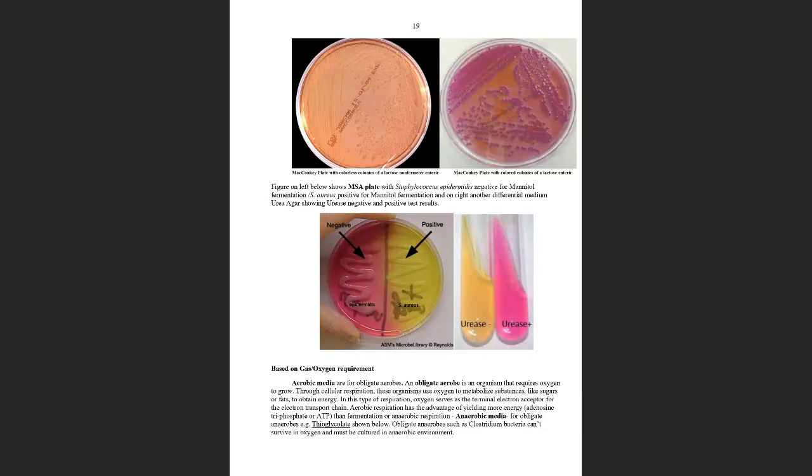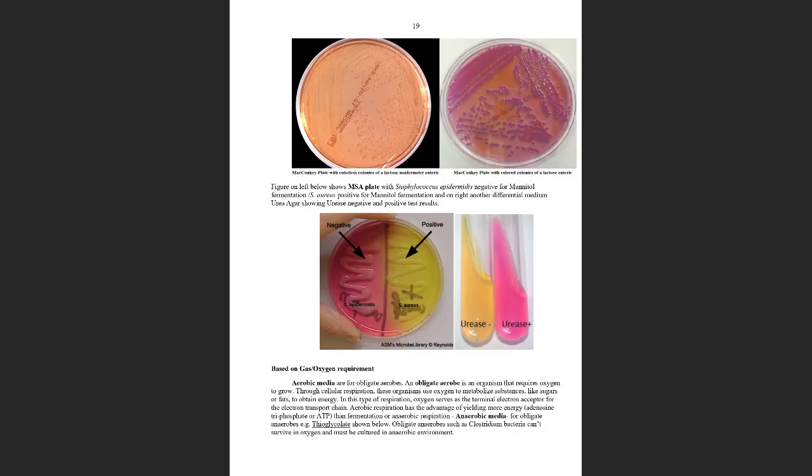Write down this word, facultative anaerobe. Most bacteria fall into this category. Being facultative means that you're very flexible. You have a wide range of conditions that you can survive in. That's what facultative means, having a very broad niche.